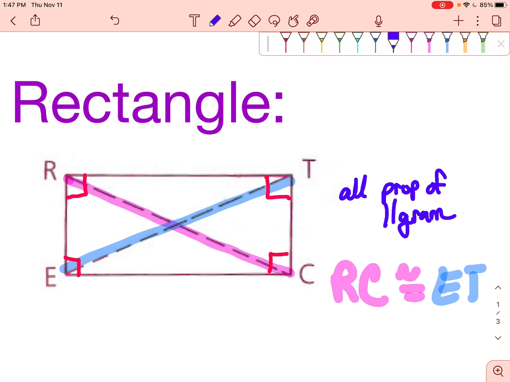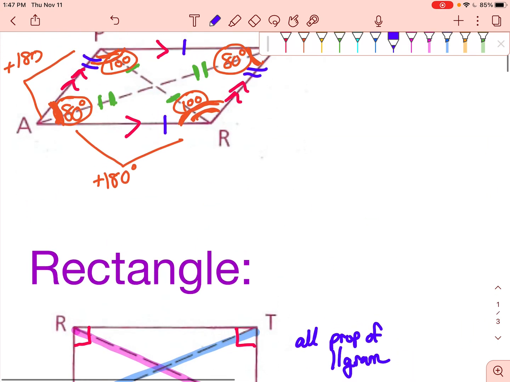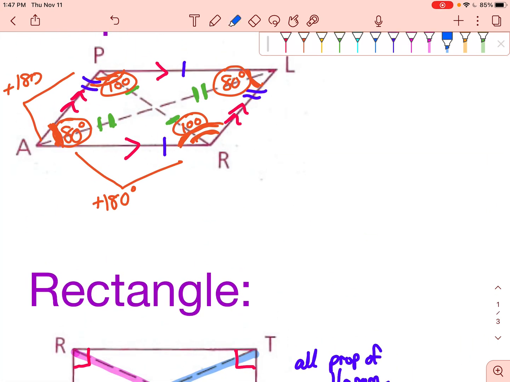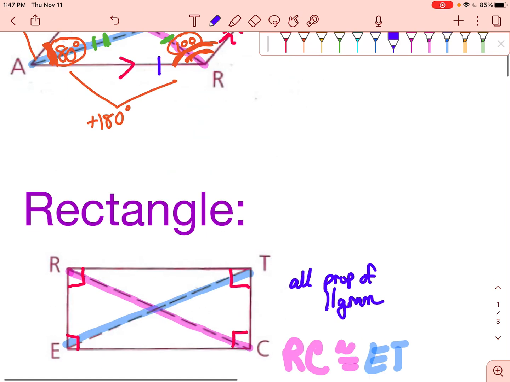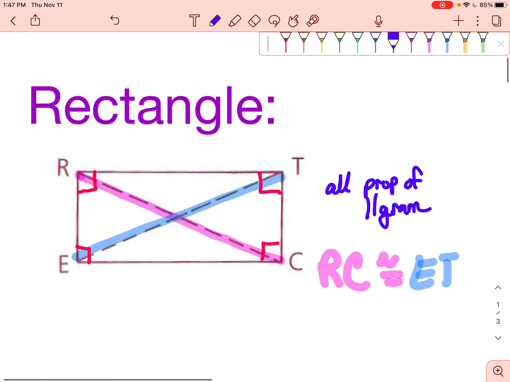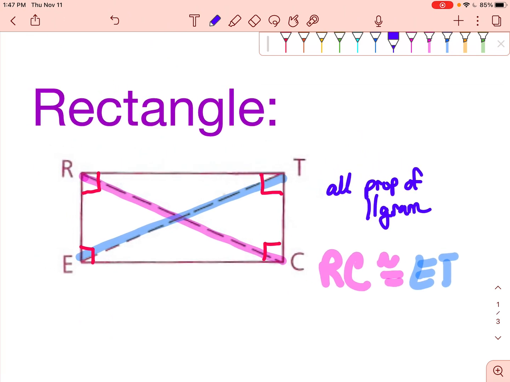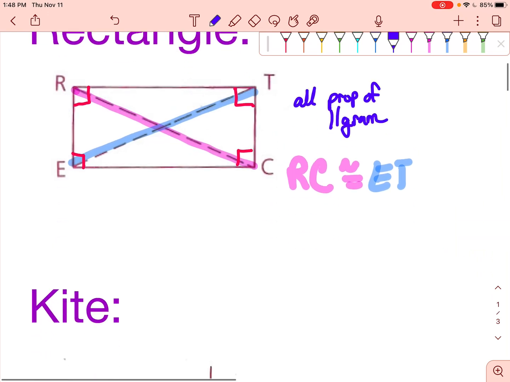The diagonals are congruent. If you go back up here and look at the parallelogram, you can very clearly see that this blue diagonal is a lot longer than the pink diagonal. And that's because our shape is kind of smushed to the side. But we know that in a rectangle, all of the things from above hold true, plus there are right angles and the diagonals are congruent.